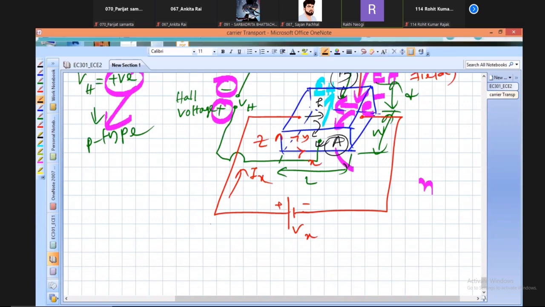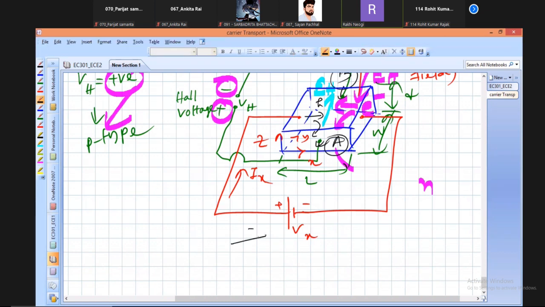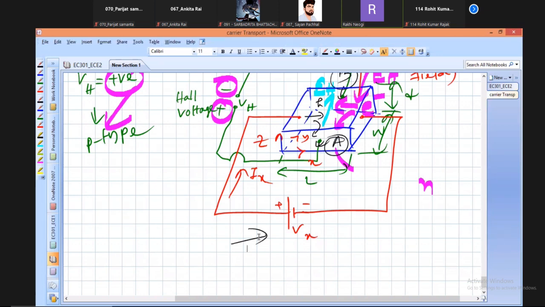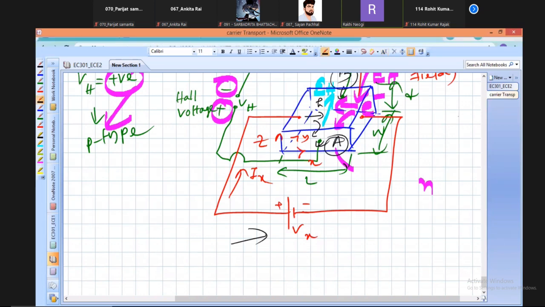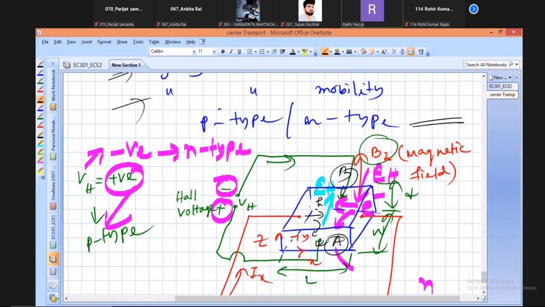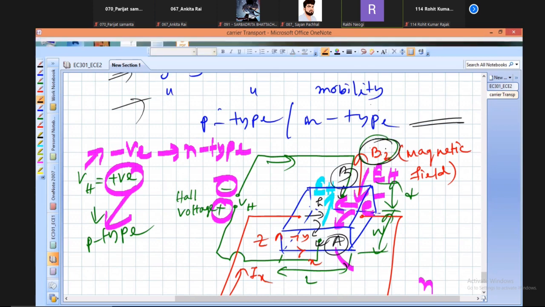Now, based on what I said, a source is an applied voltage. Whatever force is experienced by the particle will be counterbalanced by the magnetic field. You already noticed the magnetic field is there. The field intensity I write here as B, applied in the Z direction.